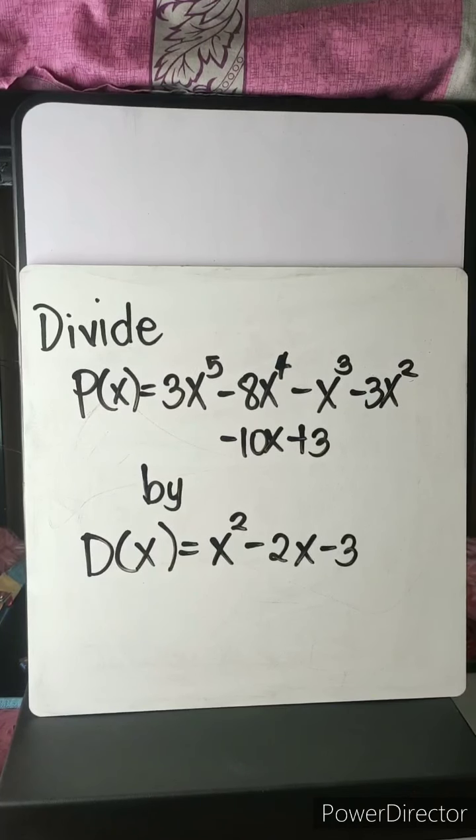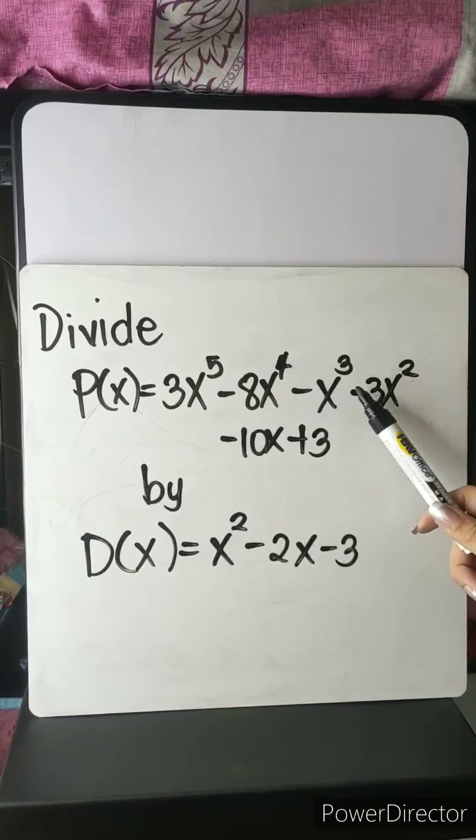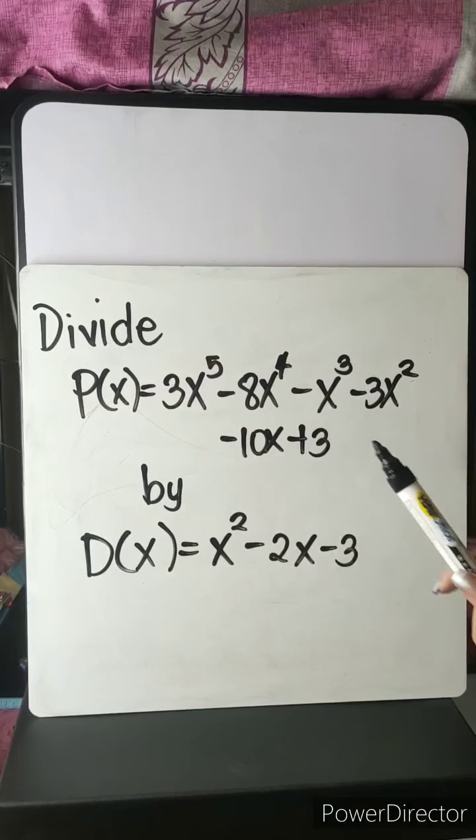Make sure that each terms of your dividend are complete or even on your divisor. So, as you can see, yung ating dividend degree is 5. Fifth power yung highest. And then may 4th degree, may 3rd degree, may 2nd degree, may 1st degree, and may 0 degree.